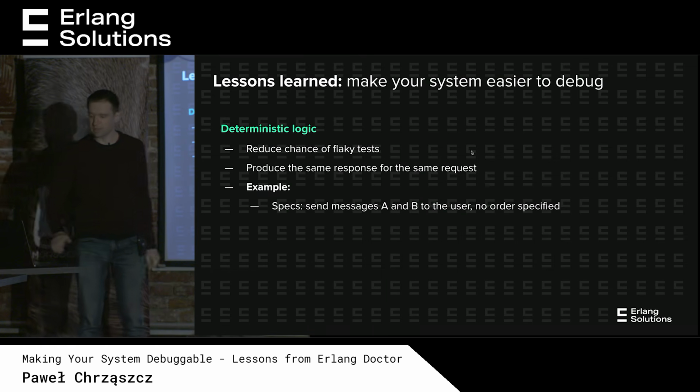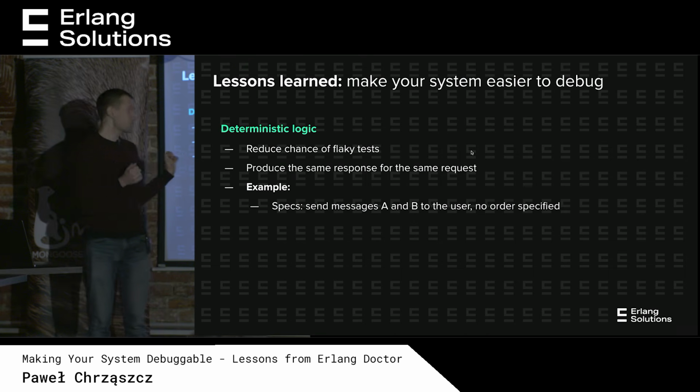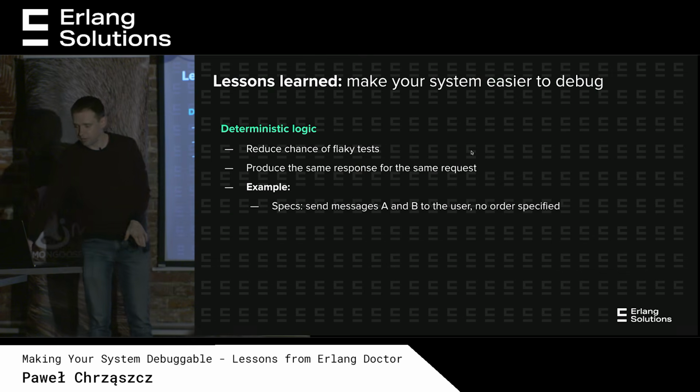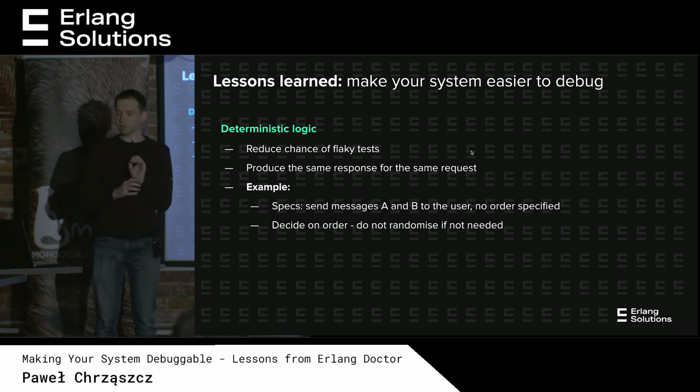What I mean by that is that, let's say the specs only say that you have to return messages A and B to the user, and no order is specified. In this case, my opinion is you have to decide on the order. Do not let it be completely random, because you are sending A and B to the client.